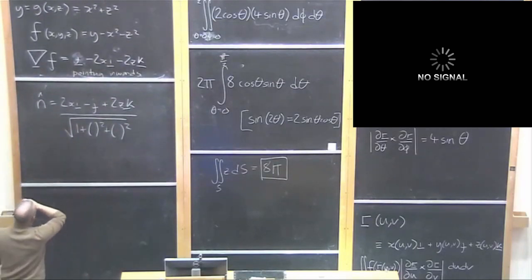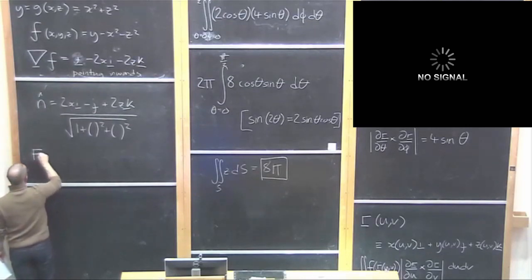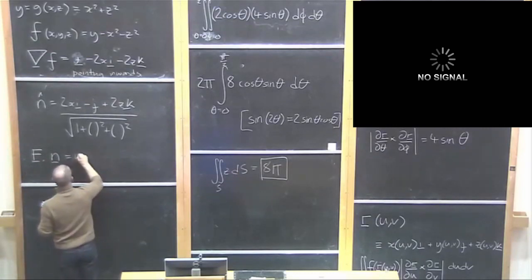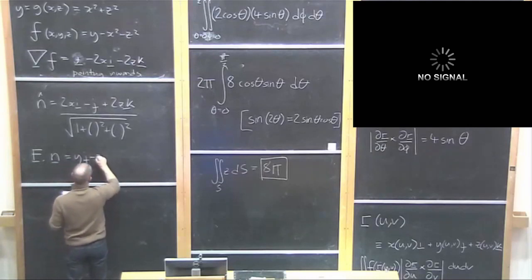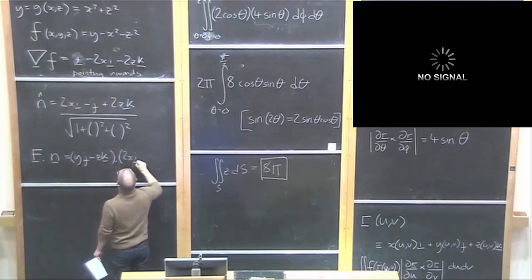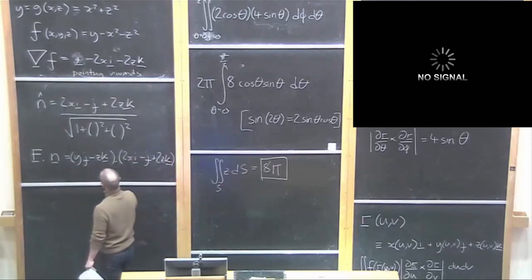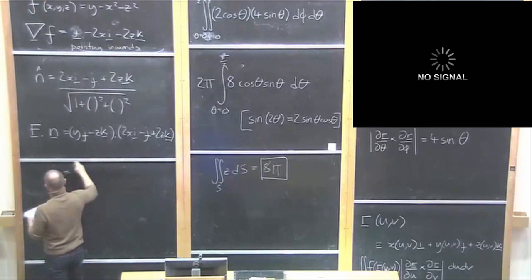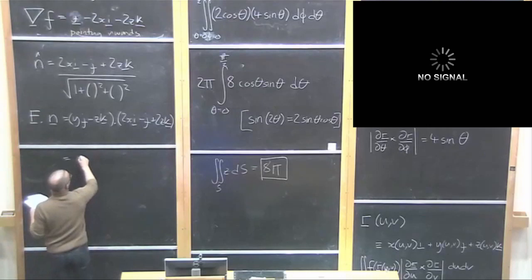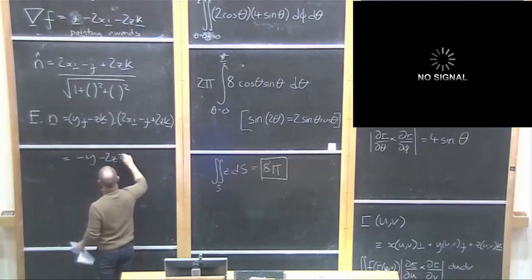Alright, so what we want to do now is work out the dot product of our normal with our vector field. Our vector field is given by yj minus zk, and we're dotting that with 2xi minus j plus 2zk. So we end up with minus y minus 2z squared.